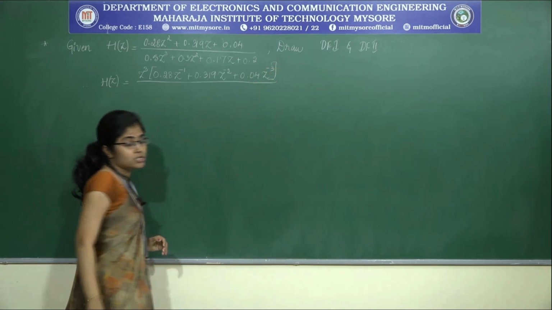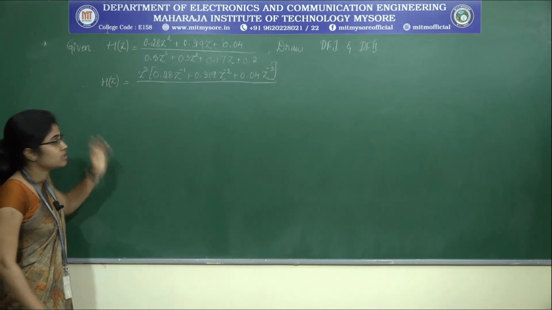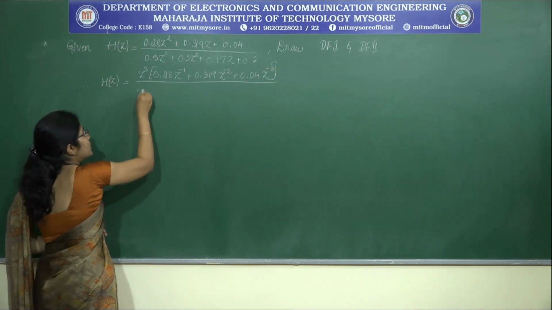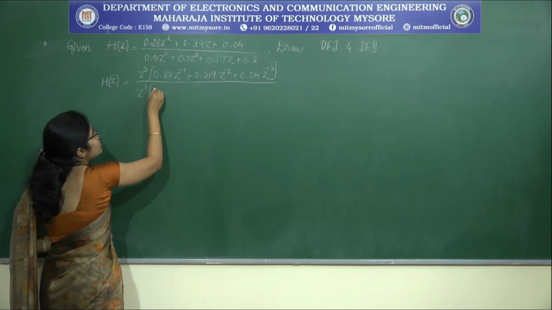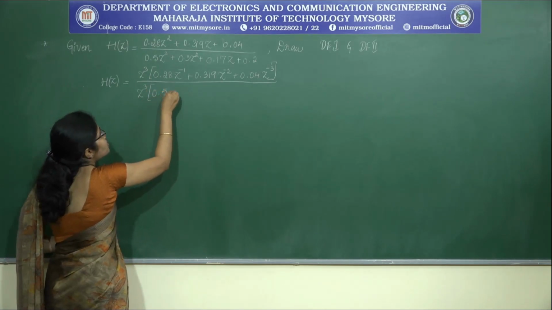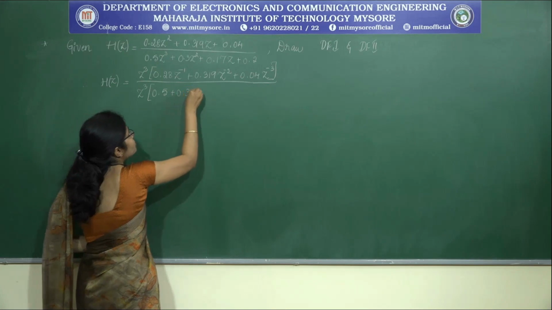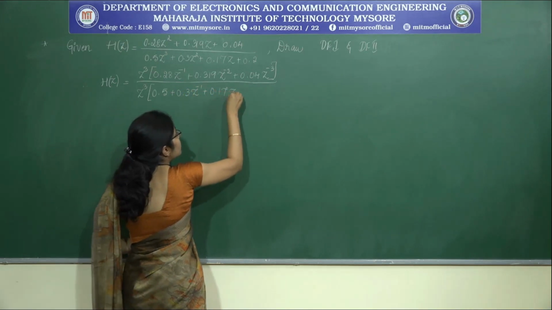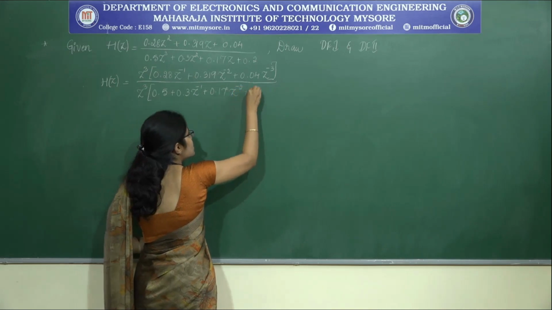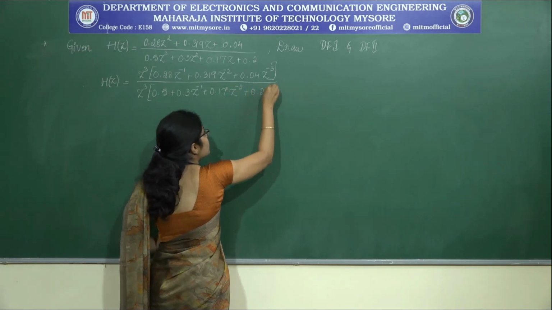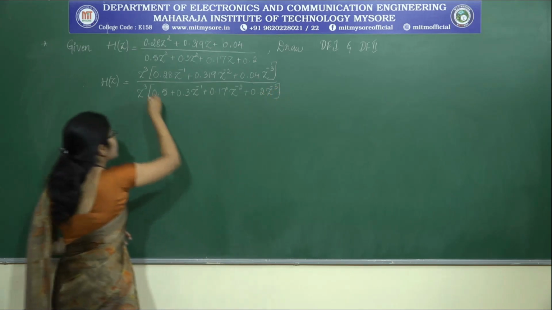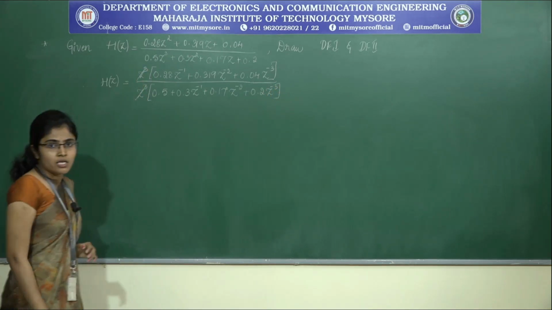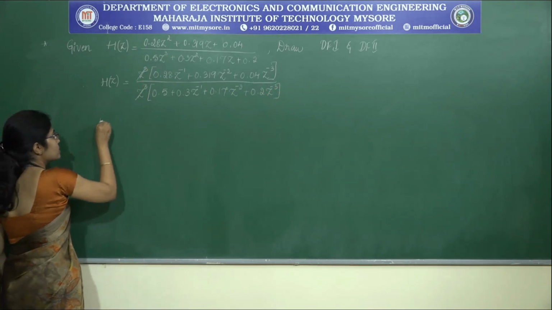Similarly, if I take z cube as the common element in the denominator, the left out term is 0.5 plus 0.3 z power minus 1 plus 0.17 into z power minus 2 plus 0.2 into z power minus 3. Now we can cancel z cube with z cube. So what is left out?